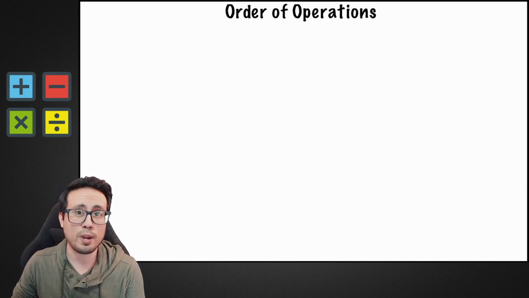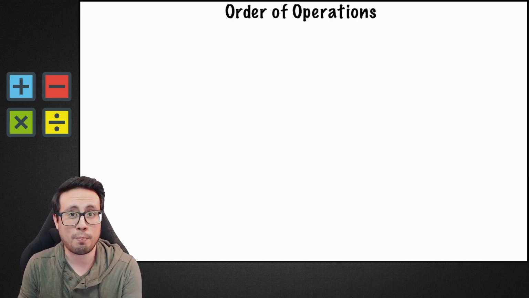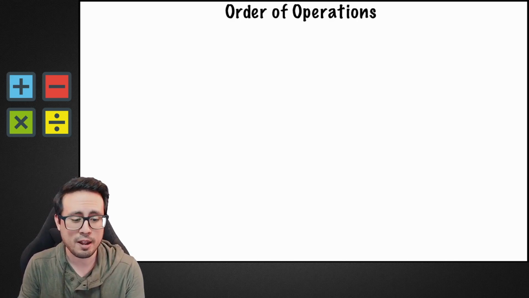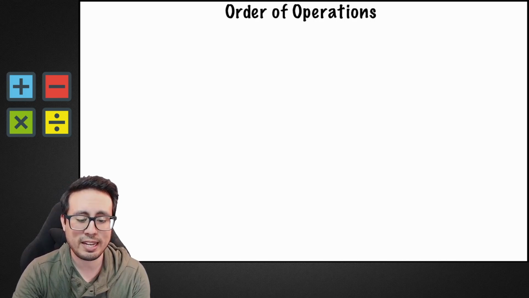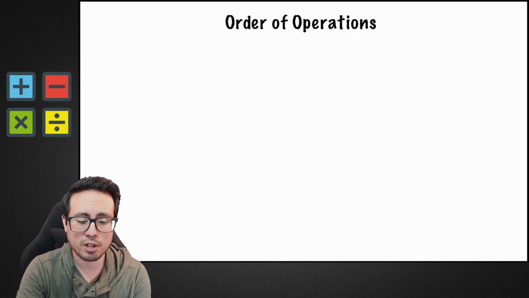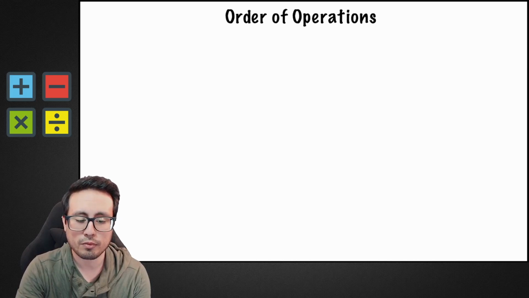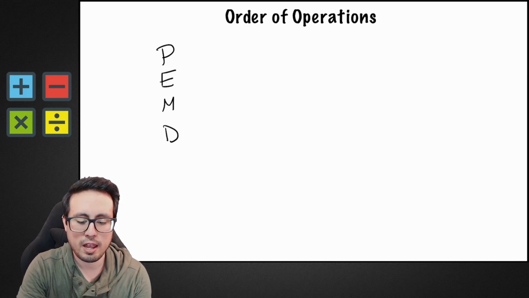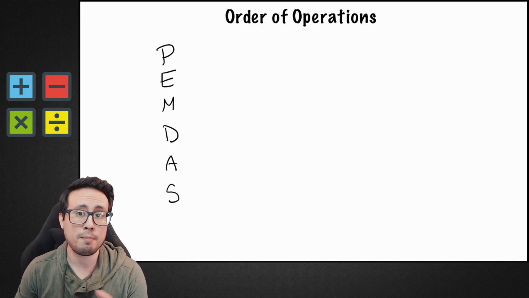So in math, we use something called order of operations to accomplish this. And what we use more specifically is an acronym that you may have seen before. The acronym is called PEMDAS, right?